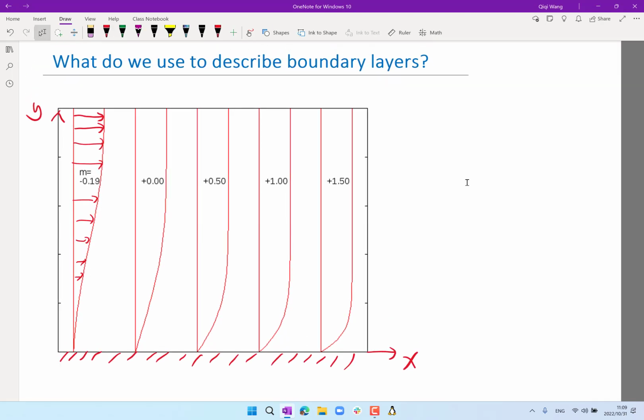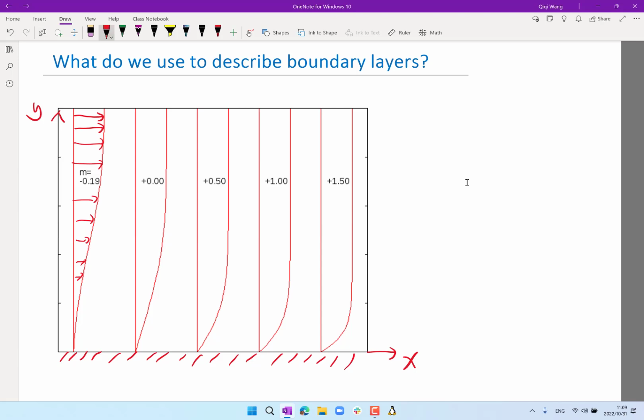That challenge is solved not in a unique way, but in multiple different ways. There are many different ways we can use to describe the boundary layer, and the three most common ways are three different definitions of the boundary layer thickness.